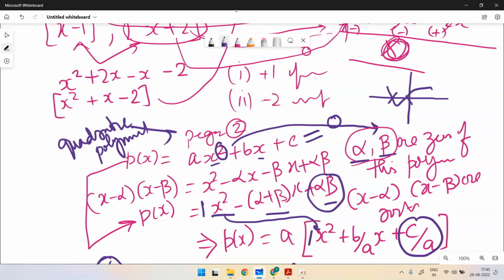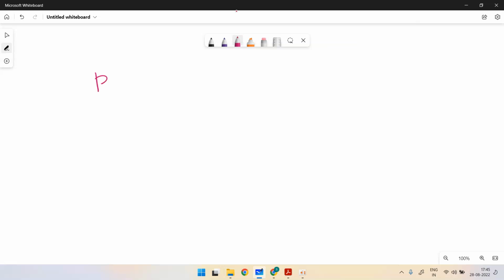And if the degree is 3, it will intersect the x-axis at 3 points, 1, 2, 3, something like that. Next, suppose that the polynomial is of third degree, ax cube plus bx square plus cx plus d.